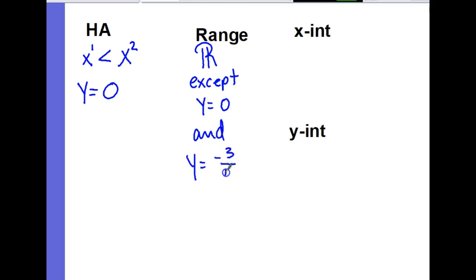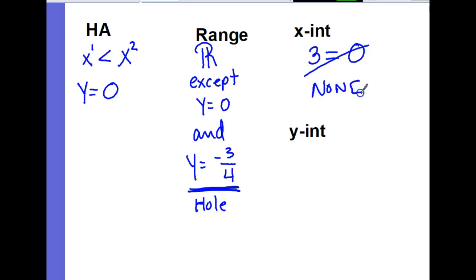Where'd that come from? That was the y part of the hole. The x-intercept is the numerator equal to 0. That's not possible, so there is not an x-intercept.